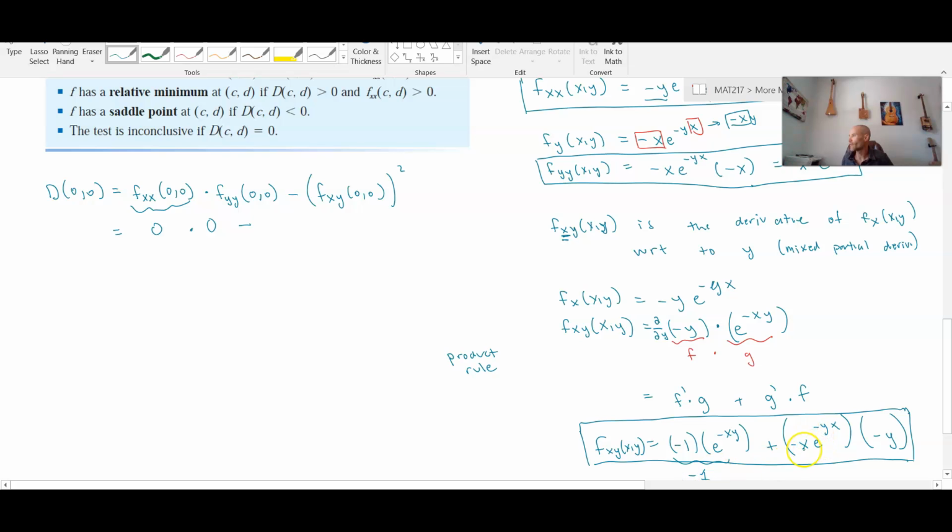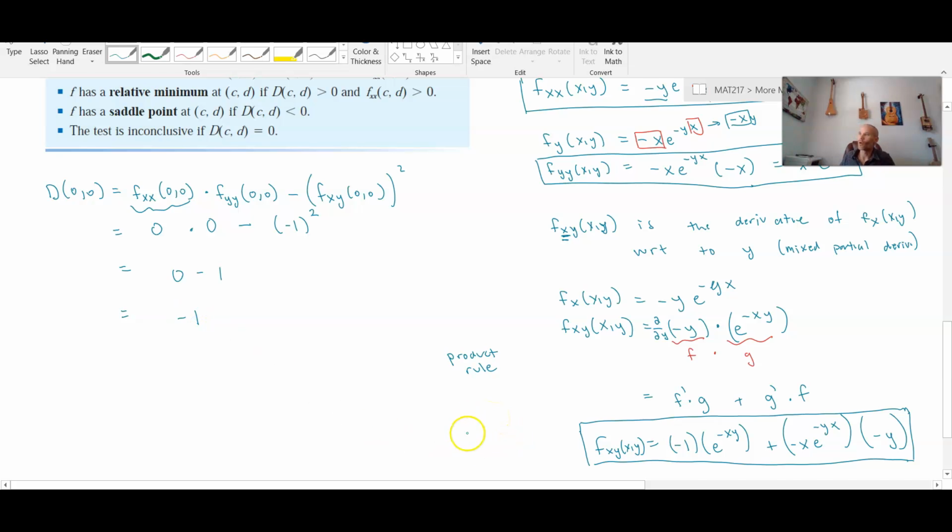And then here I'll have 0 times something. This whole term will be 0. So I'll get negative 1 plus 0, which is just negative 1. So all I'm doing there is just plugging in the value 0, 0 into this equation here. And then we need to square that. So we get 0 minus negative 1 squared is 1, and we get a D value of negative 1.